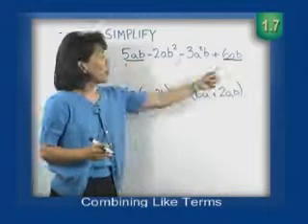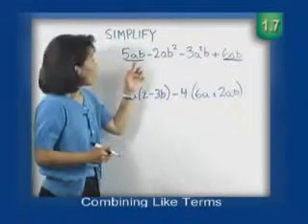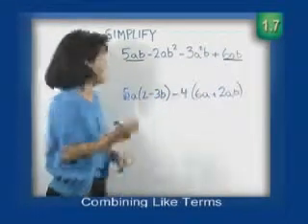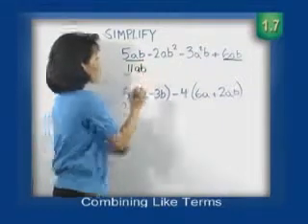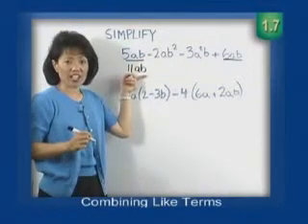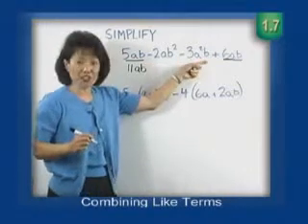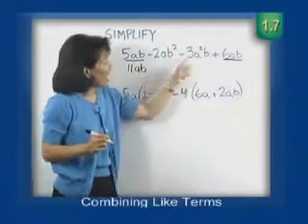Remember, to combine like terms, combine numerical coefficients. So I'm going to add 5 plus 6 to give me 11. And again, the like term portion is just added on. I have 11ab. These, although very, very close, are different because I have an ab squared and an a squared b.